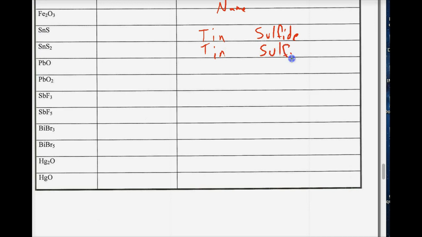I have to be a little bit more specific because I just wrote the name as tin sulfide, like we did in our first batch of namings for the representatives, and that's just not good enough because look what happened: I have two different formulas, two different compounds, which are going to have two different characteristics with essentially the same name. And that's a problem. We like to say that tin sulfide actually doesn't exist whatsoever.